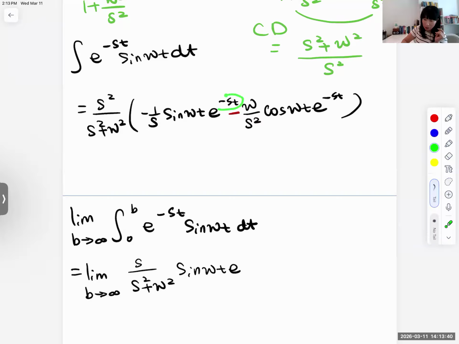So e to the negative st, we can use a negative power in the denominator. So let's use that. And then there's something weird with the sign again.